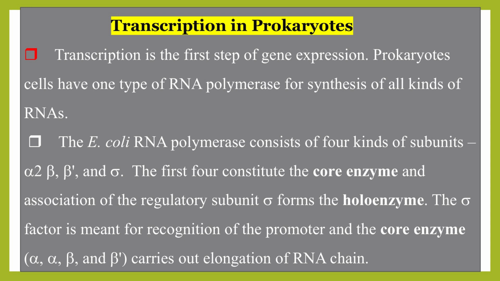The function of the holoenzyme is that it recognizes the promoter. In an experiment, it is seen that when only the core enzyme is given to the DNA template, RNAs of different lengths are formed, but when the holoenzyme, that means core plus the sigma factor in toto, is given to the template or to the gene, it yields a very accurate, desired RNA.